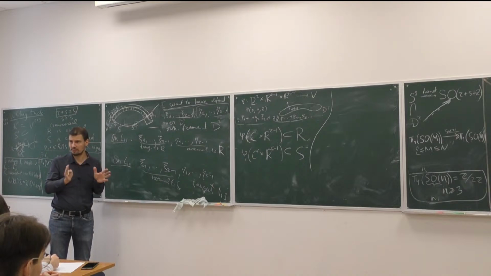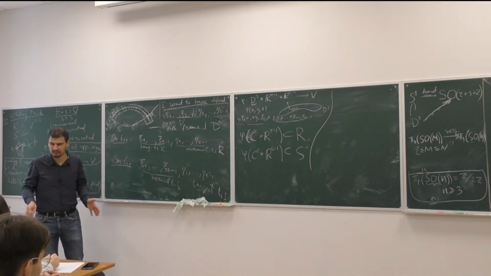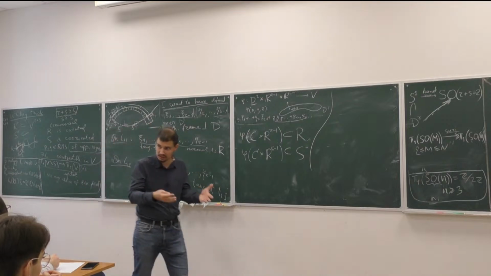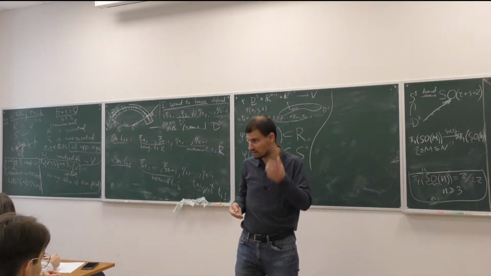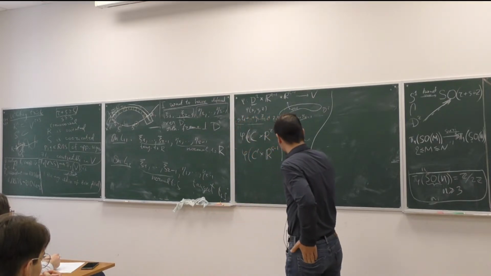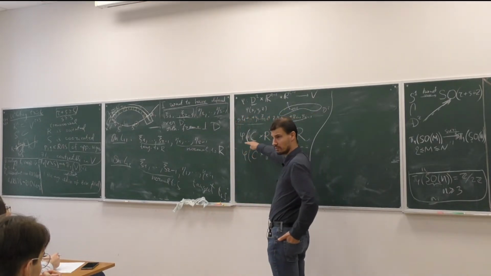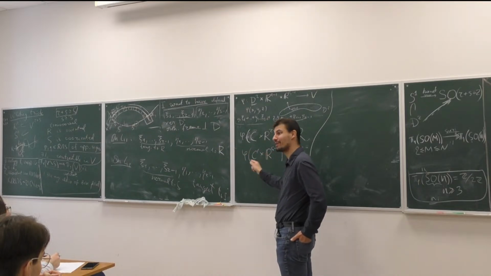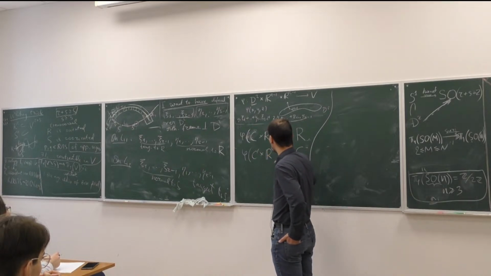It is a good technical lemma that if we have a manifold and two transversal submanifolds, then we can always choose such a Riemannian metric so that these submanifolds are totally geodesic. And if we do this, then we have no problem. If a geodesic is tangent to R, then it stays in R, and we indeed get our result.